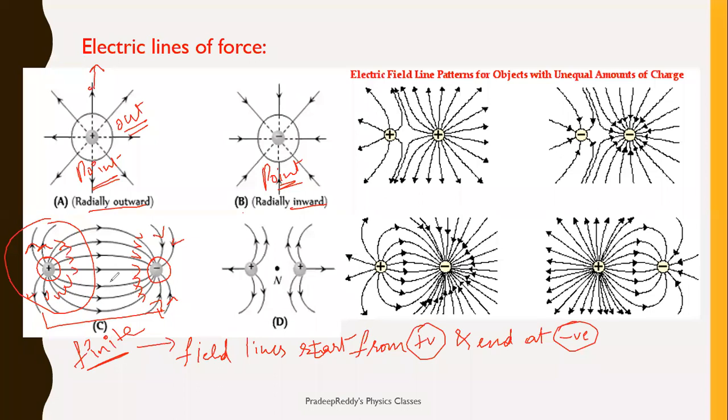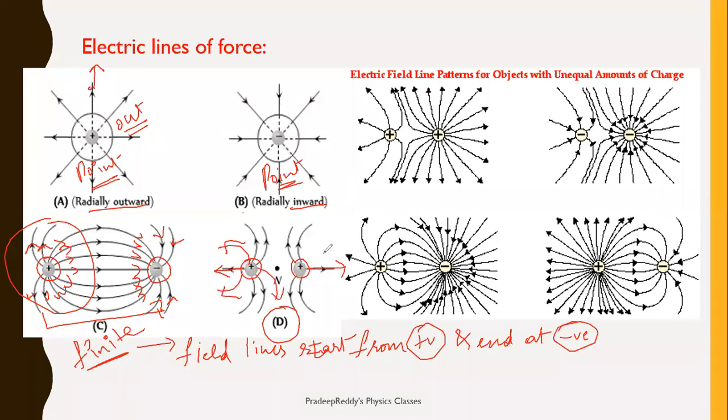Now let us come to D. In C we took a positive and a negative charge, but here we have taken both positive charges. Positive charge repels positive charge, therefore there is a repulsive force outward, and from this positive charge field lines should be outward.